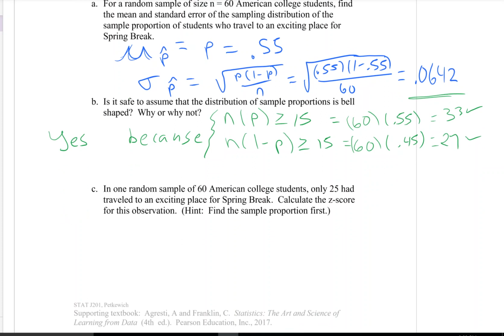So part C says, in one random sample of 60 American college students, only 25 had traveled to an exciting place. Calculate the z-score for this observation. And we have a hint to find the sample proportion first.